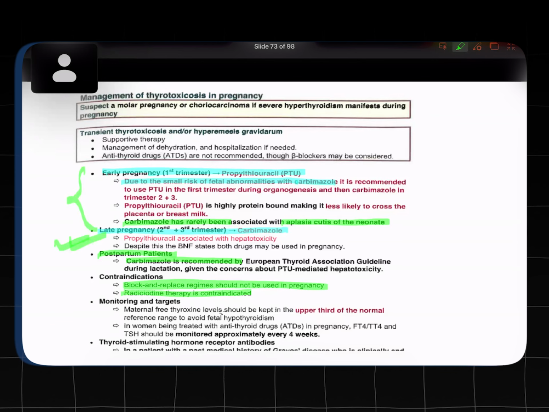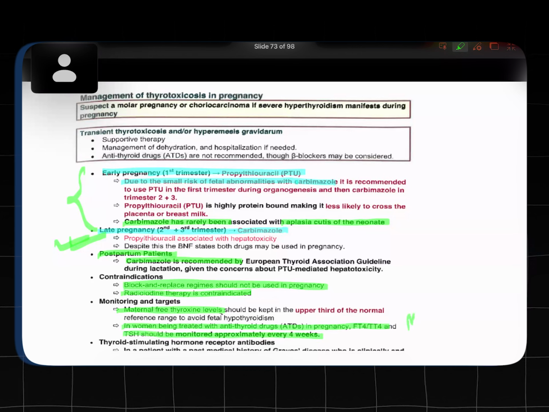Late pregnancy, as usual, you can continue with methimazole and carbimazole. You have to monitor basically maternal free thyroxine levels. In women who have been treated with antithyroid drugs in pregnancy, FT4 and TSH levels should be monitored every 4 weeks.